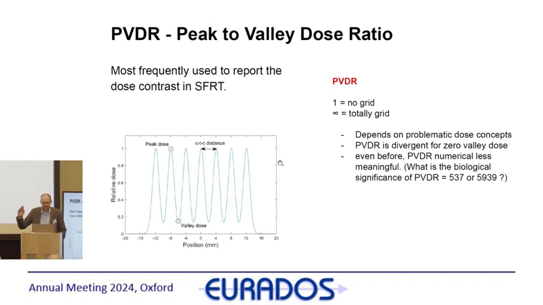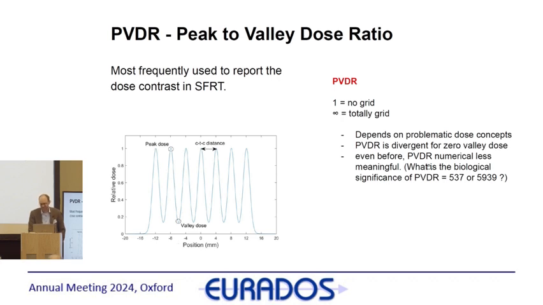Oh yes, and this is a technicality, something which also annoys me a little bit. That's the peak-to-valley dose ratio, which they use a lot. First of all, they're taking the peak dose and valley dose, which I just tried to argue are not well defined. And then they use this ratio to say something about the contrast, whether we have no grid or whether we are totally grid. Then it goes to infinity, because if the valley dose goes to 0, it's divergent.